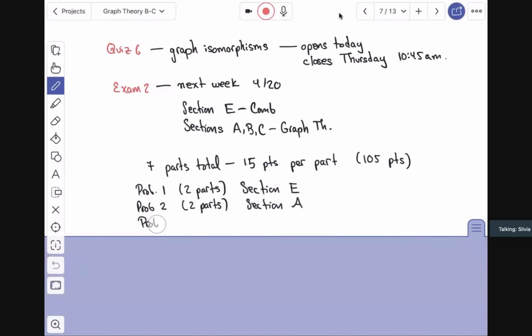And problem 3 has 3 parts, and it's on sections B and C. And there's no multiple choice or anything on the exam. Everything is an explanation, and it's a file upload at the end of class. Same thing as we did last time.